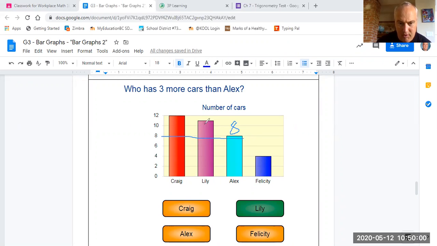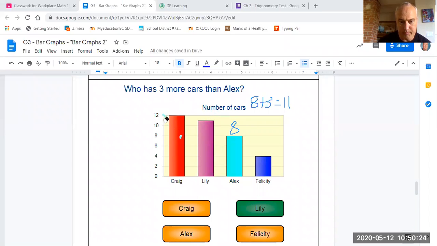It's asking who has 3 more cars than that. So 8 plus 3 is 11. Therefore, we're looking for the person who has 11 cars. There's not a number on the vertical axis that says 11, but it would be right here. So we're looking for the person right here, and that would be Lily. That's why Lily is the correct answer.